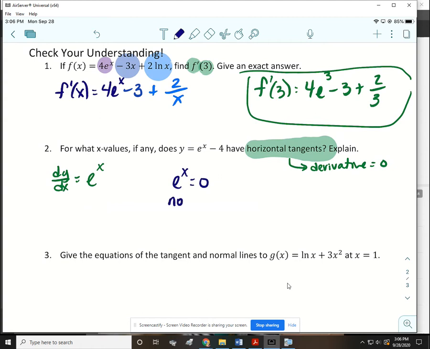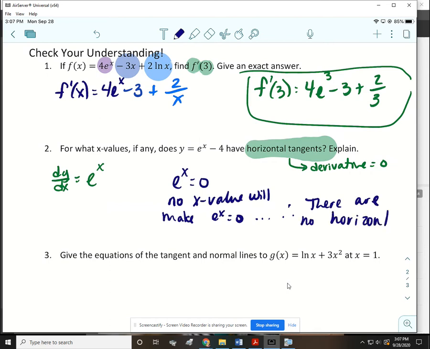So no x value will make e to the x equal 0. That means, therefore, there are no horizontal tangents. And that's fine. There doesn't have to be.